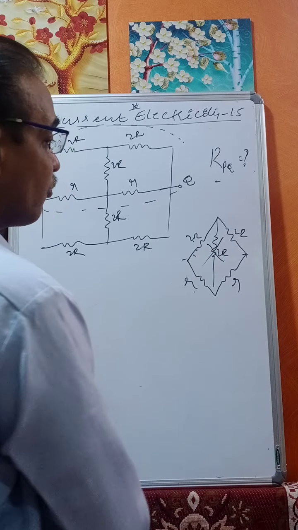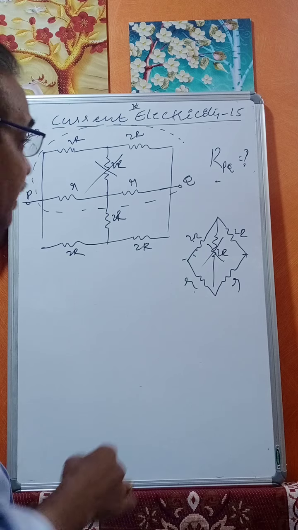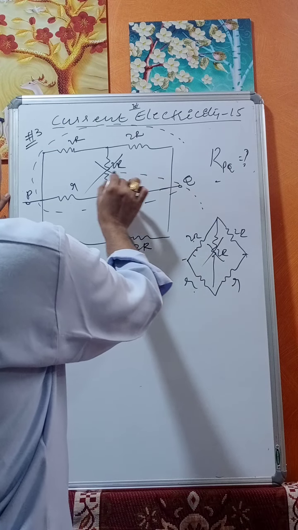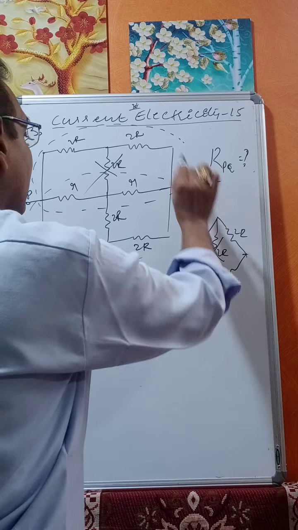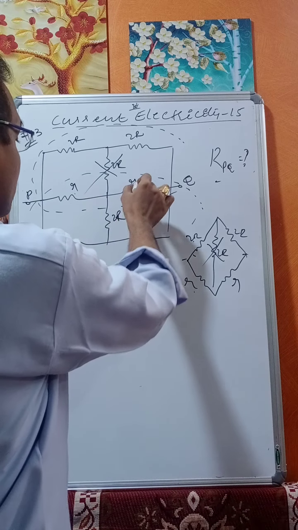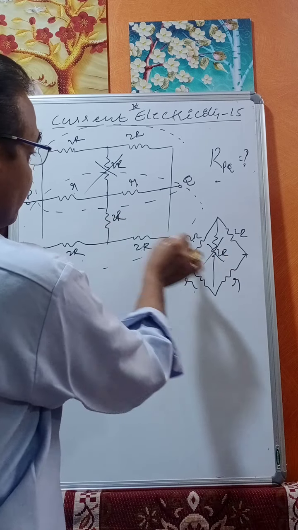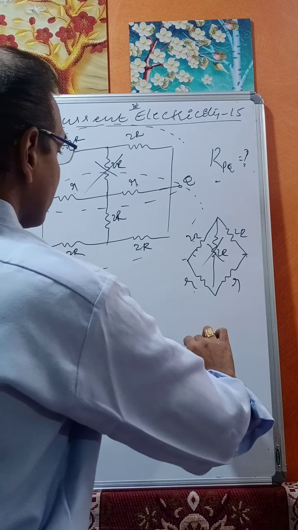Therefore, no current flows through this, so this can be neglected. Similarly, the lower part is another Wheatstone bridge. R by 2R is equal to R by 2R, between 2R it is 2R.